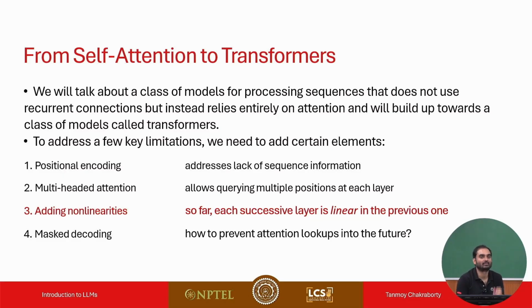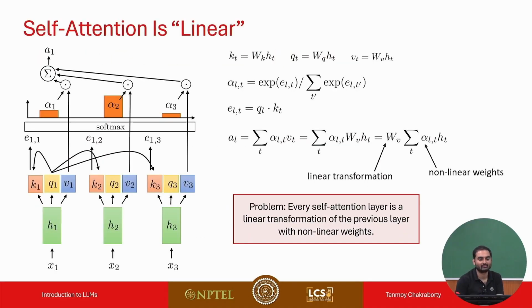If there are n tokens, every token is attending to all the other tokens, including itself. So complexity is order of n square. We'll see that self-attention is a linear operation. Although it looks very complicated, ultimately it's a linear operation. We'll show this.